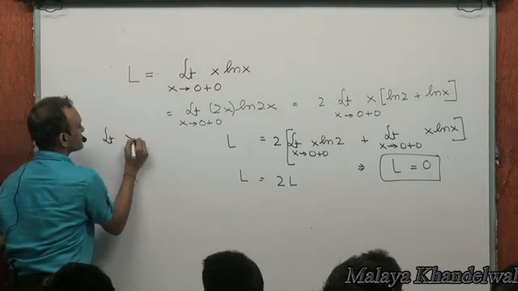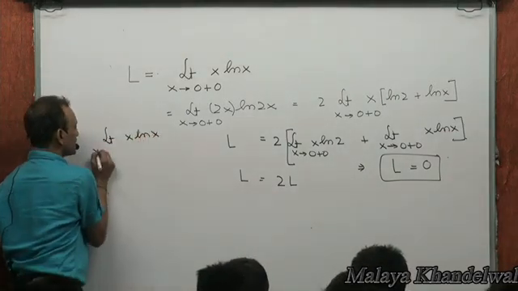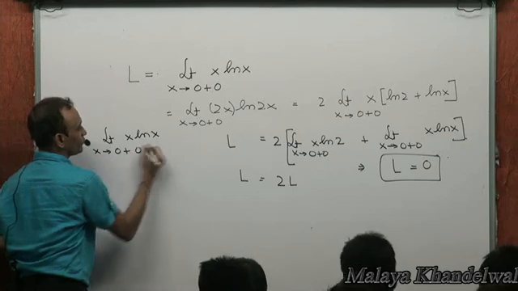Limit x ln x as x tends to 0 from the greater than 0 side, therefore, is 0.